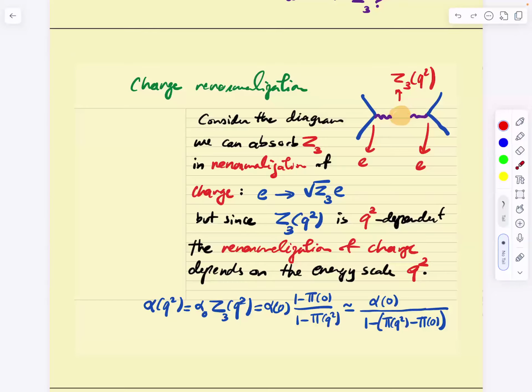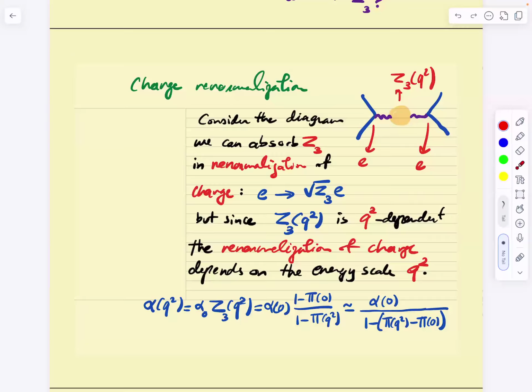This photon in the middle doesn't have to be on shell. There's some incoming energy. Sorry, I misspoke: q squared need not be zero for it. So this renormalization is now q dependent.